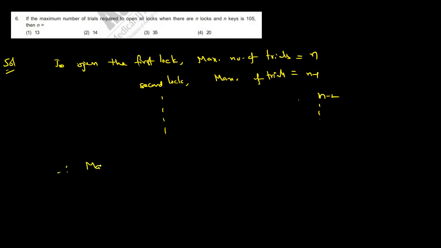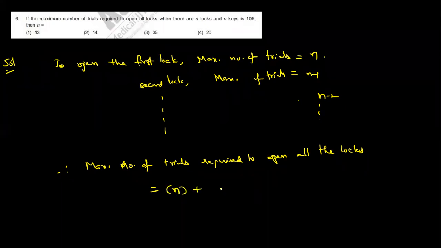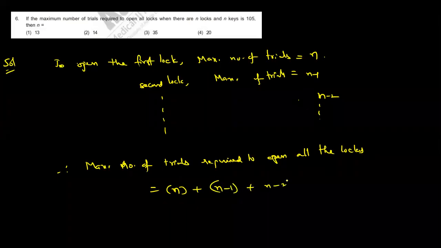Therefore, the maximum number of trials required to open all the locks: what is the answer? The first lock opens in n trials, the second lock in n minus 1 trials, and so on, 3 plus 2 plus 1.